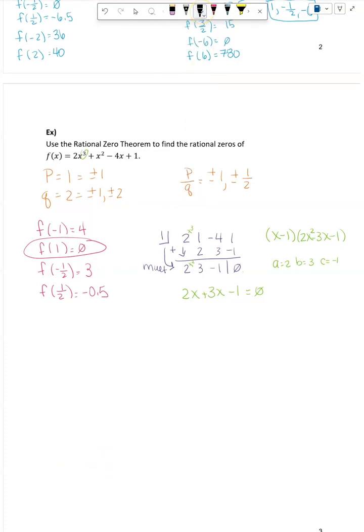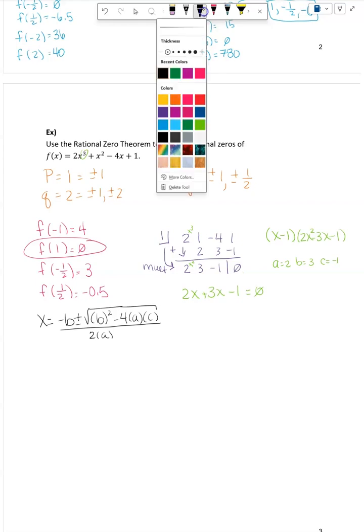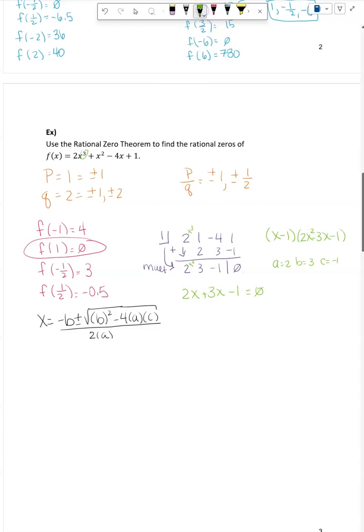Okay, so the quadratic formula is x equals -b plus or minus the square root of b squared minus 4 times a times c, all divided by 2 times a. So now let's just plug these in and see where we go.